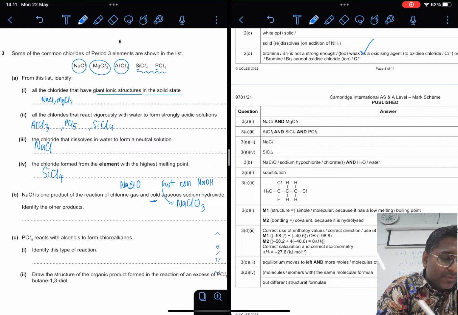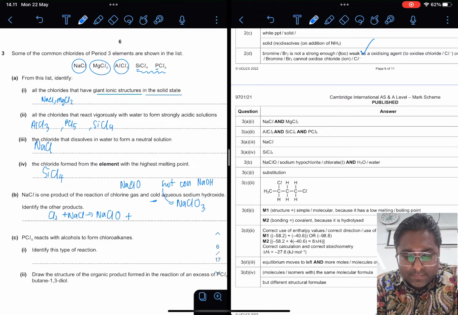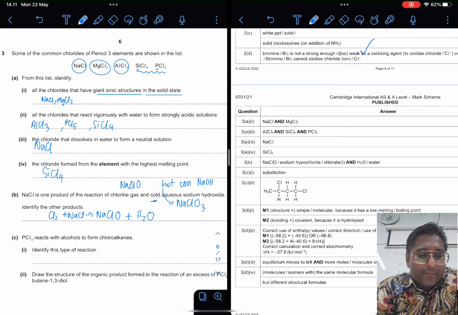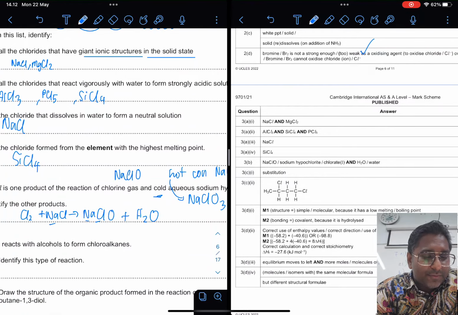So if you have Cl2 plus NaOH, you get NaCl plus NaClO plus water. Where is this O coming from?